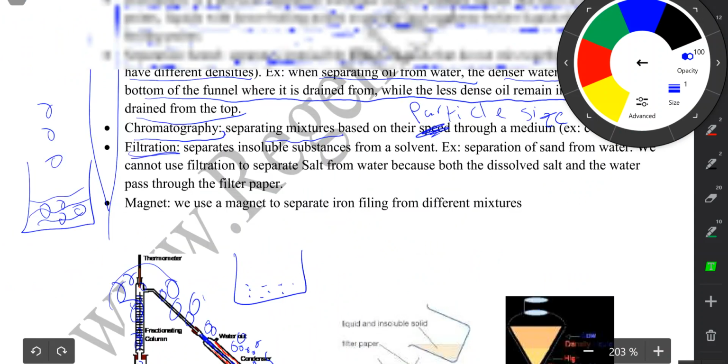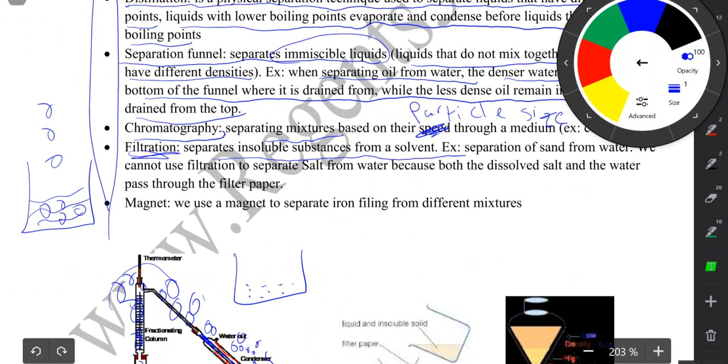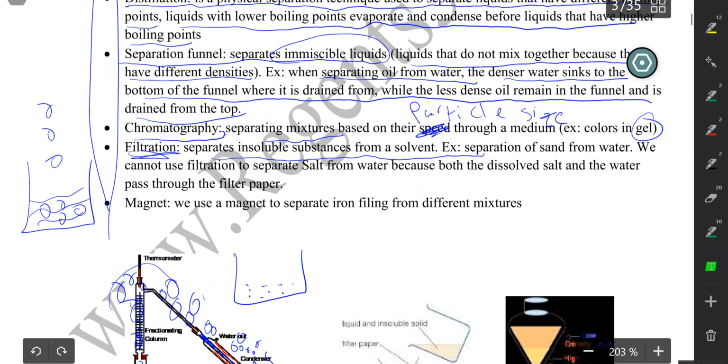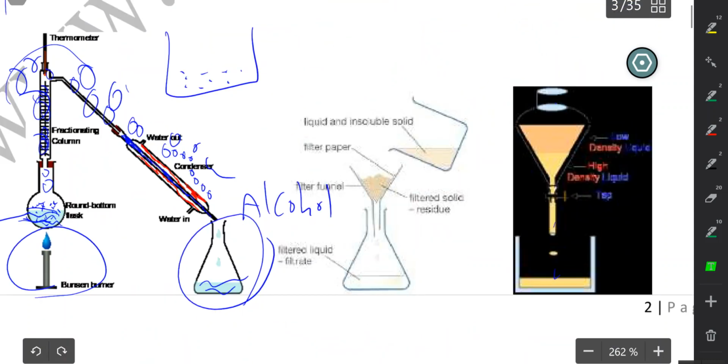Next is filtration. Okay, so here's an example of filtration.